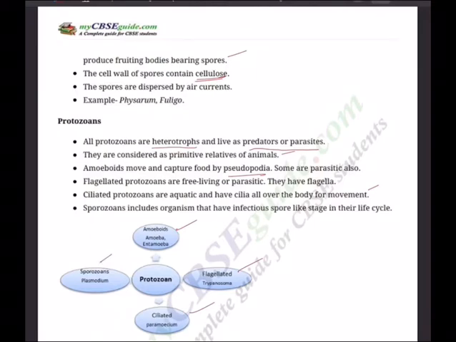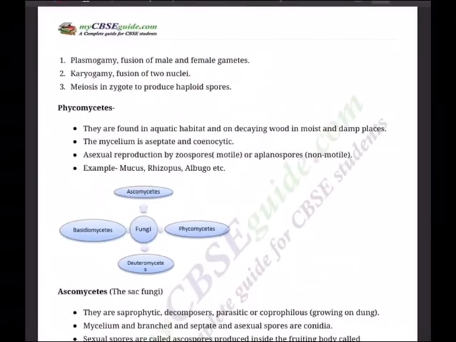In this again, what is to be remembered is the amoeboid ones with pseudopodia, the ciliated ones, and sporozoa. So there is plasmogamy. Gamy means fusion, fusion of plasma, fusion of male and female gametes. Karyogamy, karyon means nucleus, fusion of two nuclei, and meiosis in zygote to produce haploid spores.